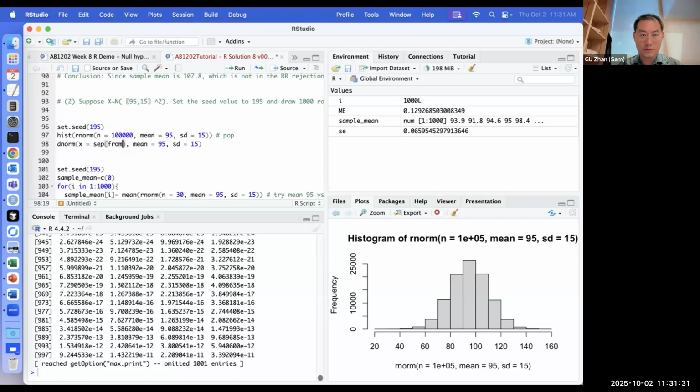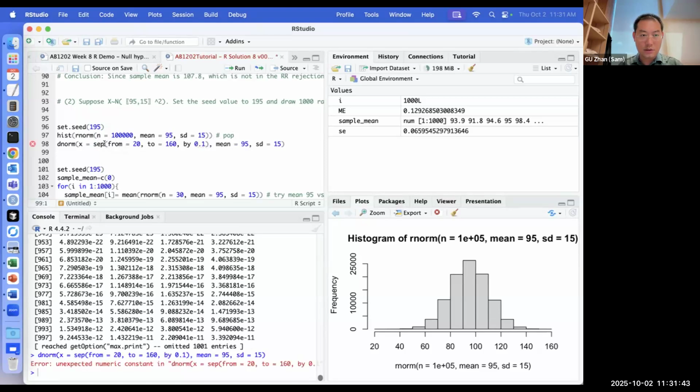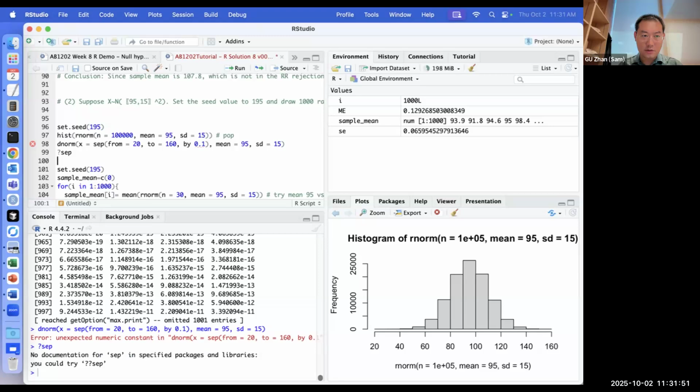So x is a sequence from 20 to 160 by 0.1. What is that function?